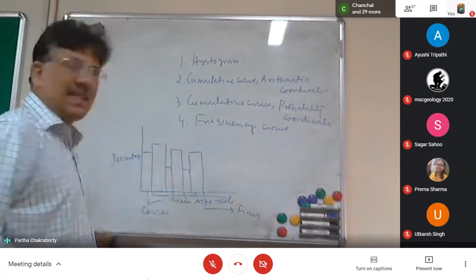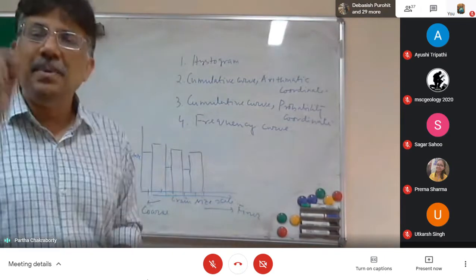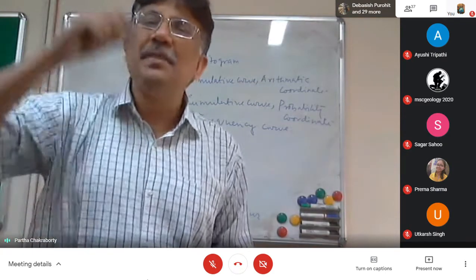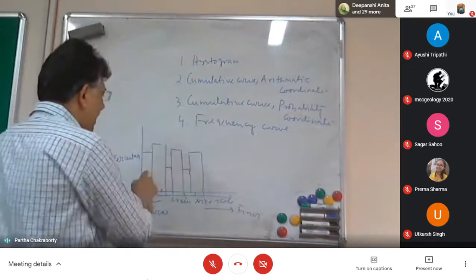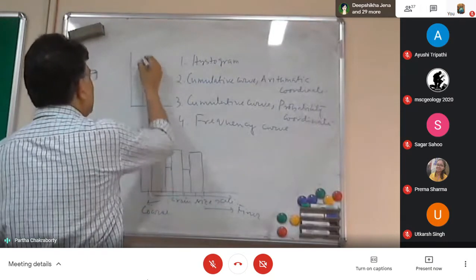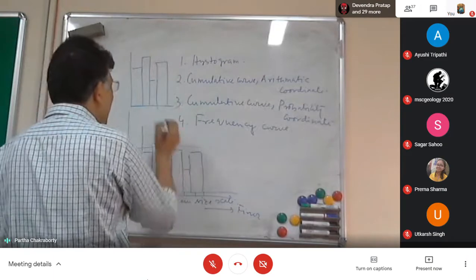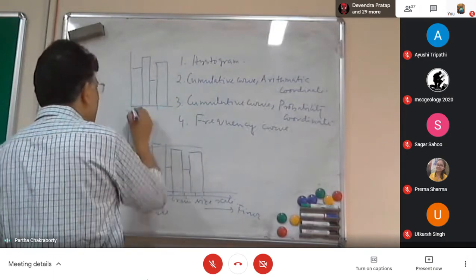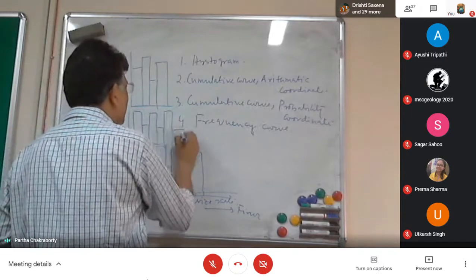But the problem is that the shape of the histogram will depend upon what sieve sizes you used. I use 4, so I get a histogram of 4 bars. Somebody else uses the same sample with 6, so he will get a histogram of 6 bars.